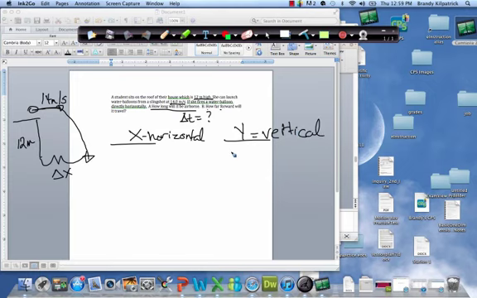Let's see what I know about my components in the x direction. I know I have a horizontal velocity of 14. I don't know time, it's asking for time. And I'm also looking for delta x.